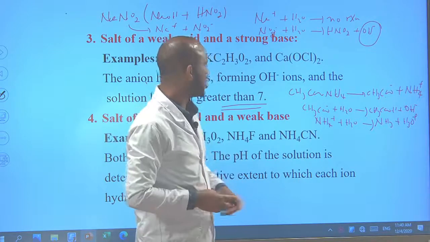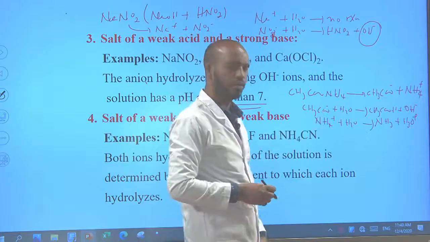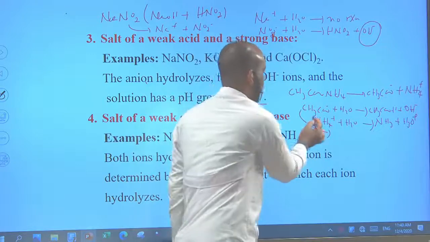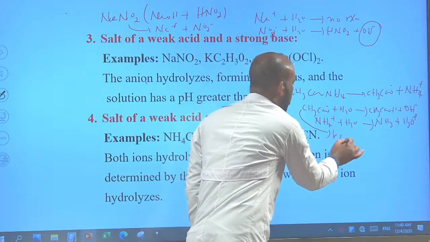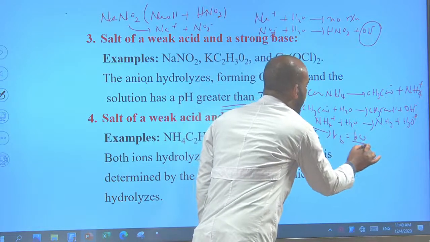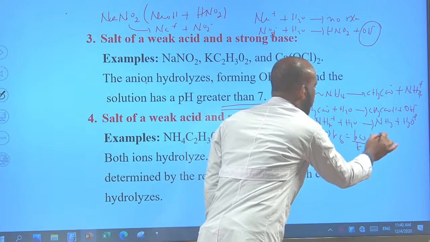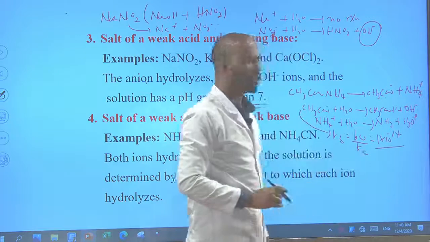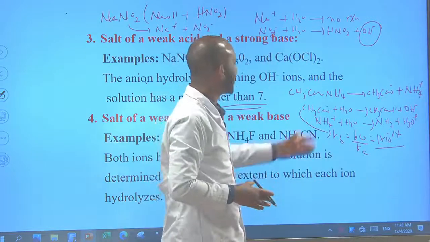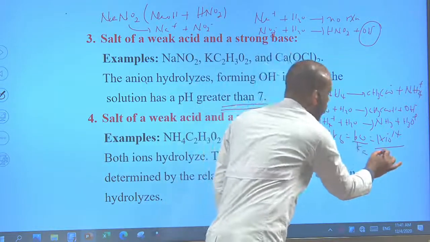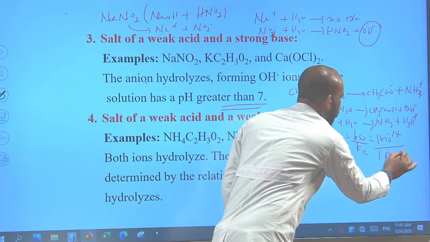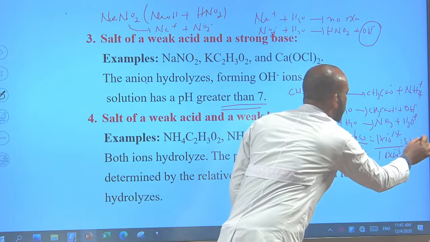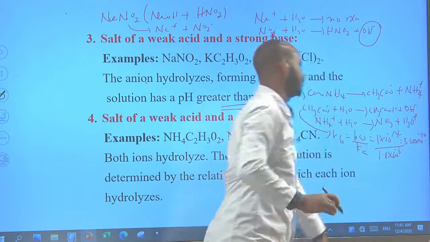Now, the dissociation constant of this base, which is the conjugate base of the weak acid, acetic acid: K base equals K water divided by K acid. K water is 1 times 10 raised to minus 14, divided by K acid of the parent acid, acetic acid. Its dissociation constant is 1.8 times 10 raised to minus 5. This gives 5.56 times 10 raised to minus 10.